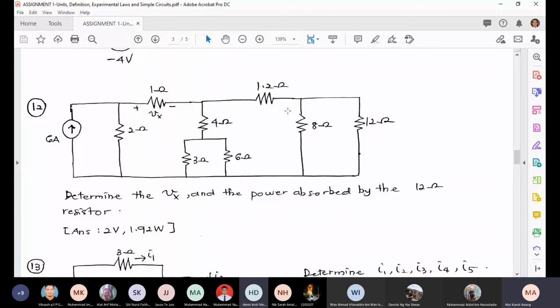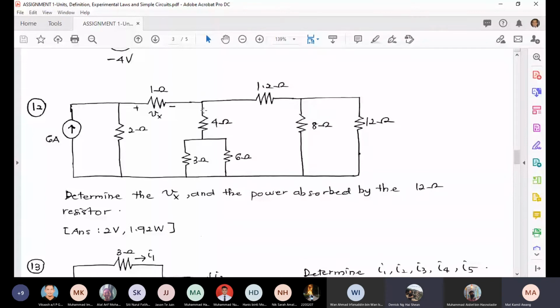Now you have this one resistor here. This one and this one can be combined because they are in parallel. 3 parallel with 6, so 1/3 plus 1/6 and take the reciprocal of the result. The resultant resistance is in series with 4, so you add.